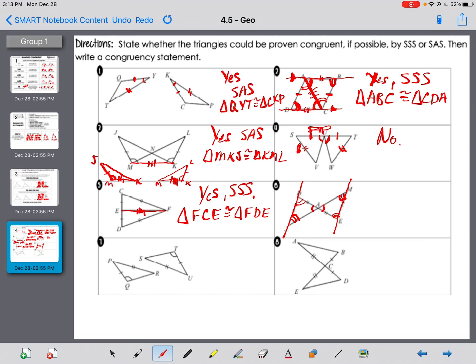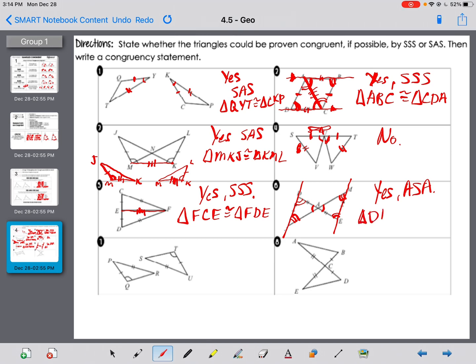We could go with angle D, the side DA, and angle A, being congruent to angle E, the side AE, and angle A. We got a lot of ways, so let's say yes. Go with angle side angle. We haven't done that one yet.